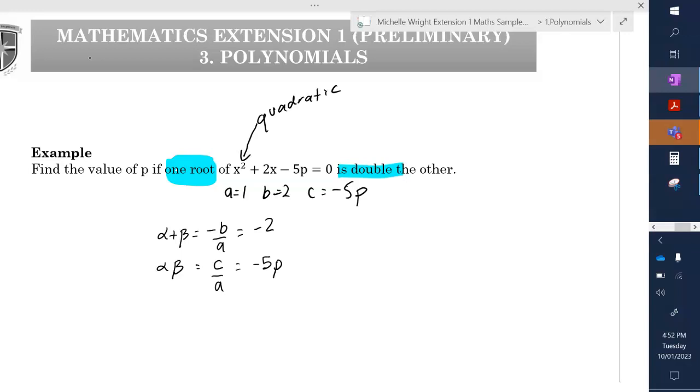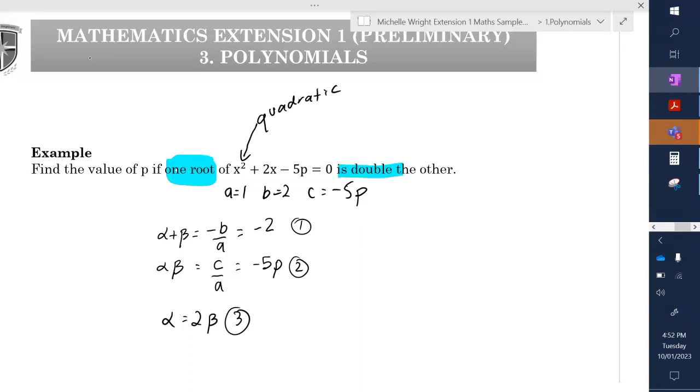We're just going to leave as minus 5p. But we've also been given the other bit of information in our question that says that one root is double the other. So one root, we'll say alpha, is twice beta. So there are 3 bits of information that we know. We need to be able to come up with a value for p.